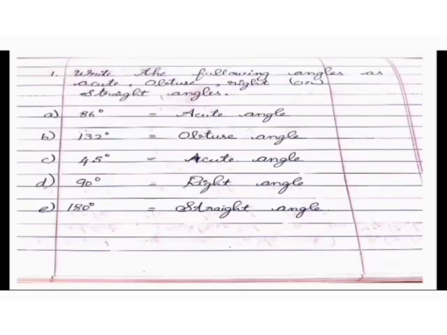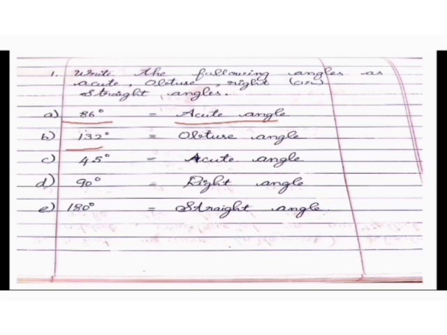And then look at the sum. Write the following angles as acute, obtuse, right or straight angles. First, 86 degree. It is more than 0 degree and less than 90 degree, so it is called an acute angle. B, 132 degree.